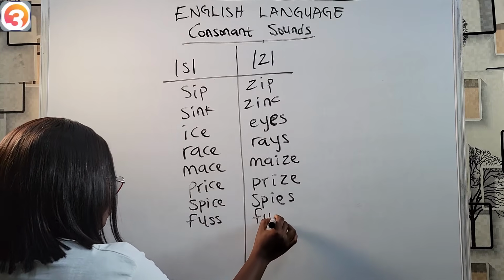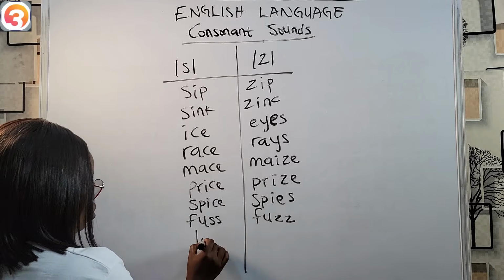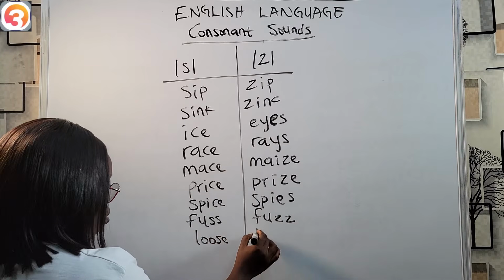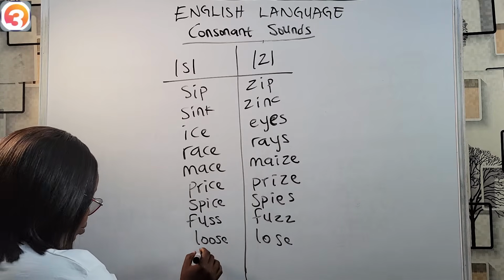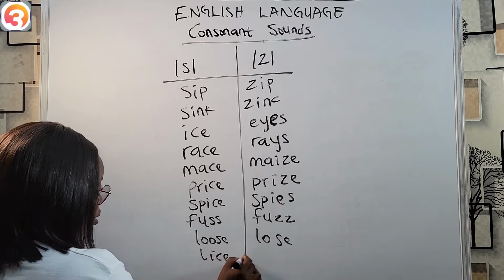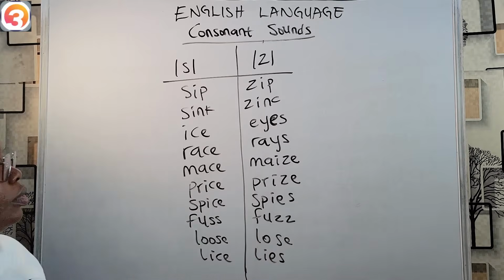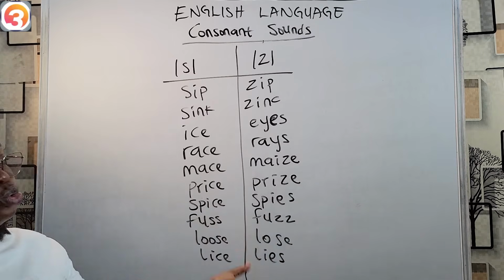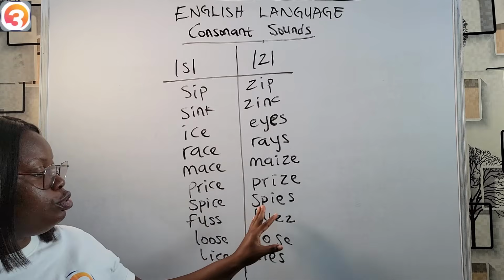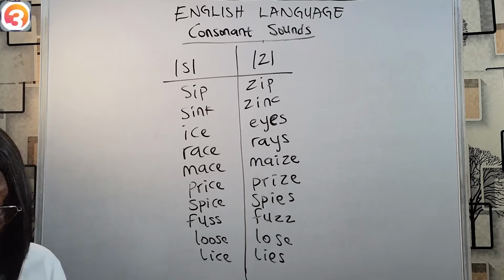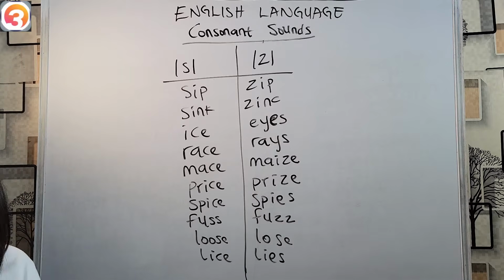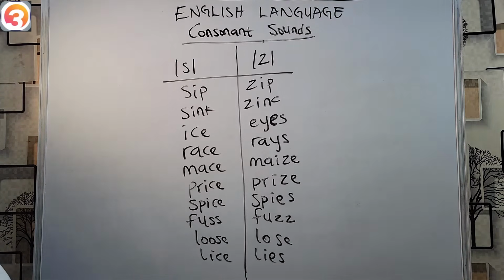Force, fuzz. Lose, lose. So we add one more. Lies. So these are minimal pairs between these two consonant sounds. We try to pronounce them side by side so we can have a clearer difference between the similar consonant sounds.